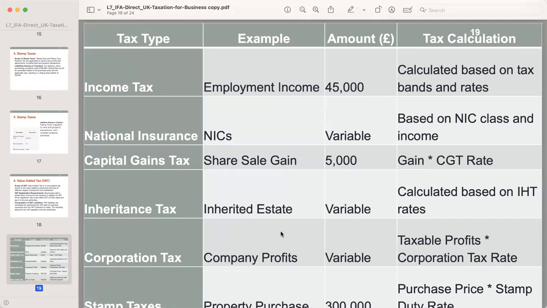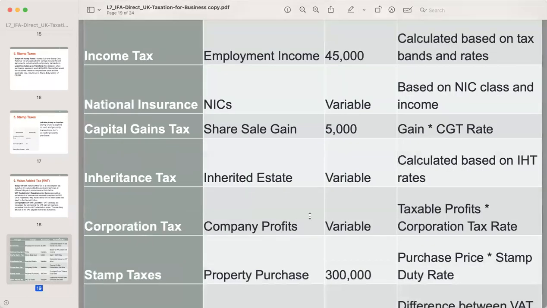Then it comes to corporation tax. If a company makes a profit, it gives a bit of the profit to the government as a tax. So: company profit variable, taxable profit, corporation tax rates.